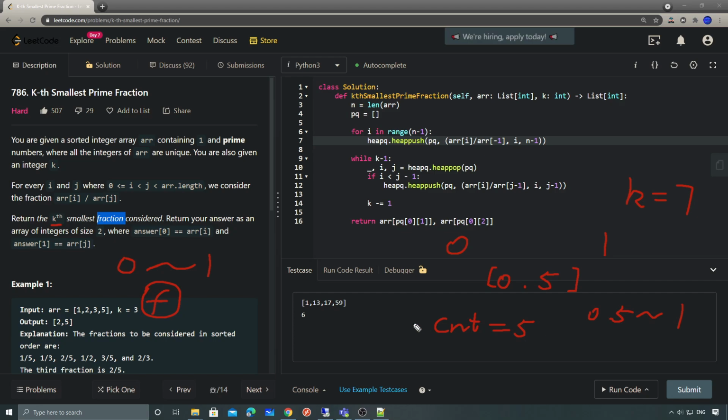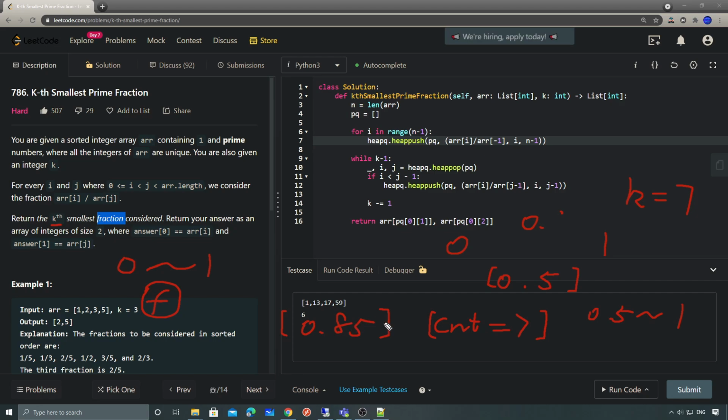And the moment when the count equals 7, then we know that for this fraction, let's say the fraction is 0.85, there are 7 pairs whose fraction is smaller than 0.85.